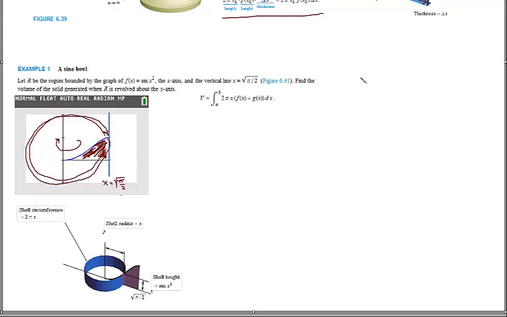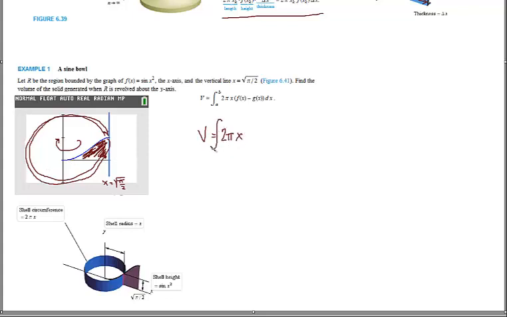So next I'm going to try to find the volume of this shell. I know that it's going to be 2 pi, and I look at this x distance, and it goes from 0 to whatever that x value is, so that's just a plain x, and that makes it nice.